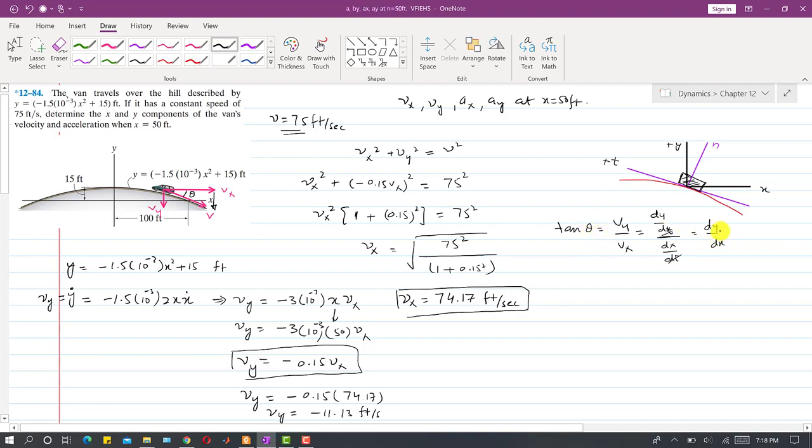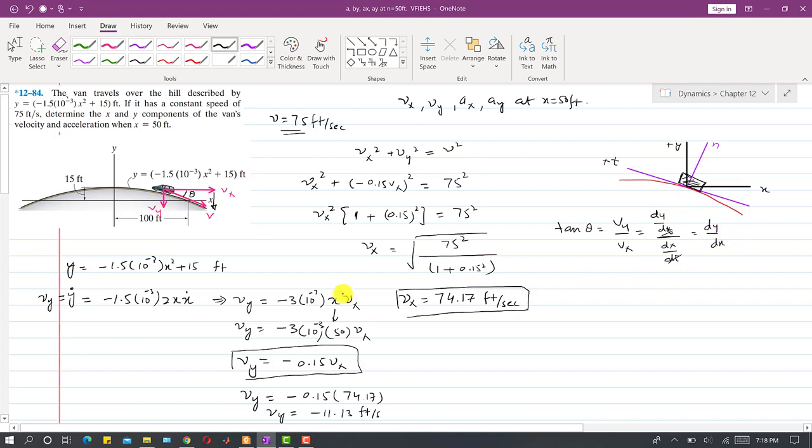Now to find this theta, we have to take the derivative of this y of x function, but the derivative should be with respect to x. This y dot is the derivative of y of x with respect to t. So remember that this derivative will be with respect to x.